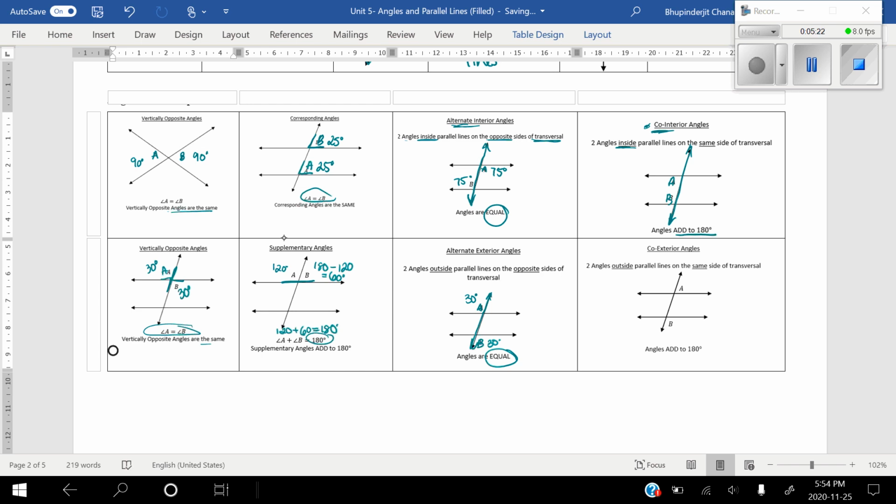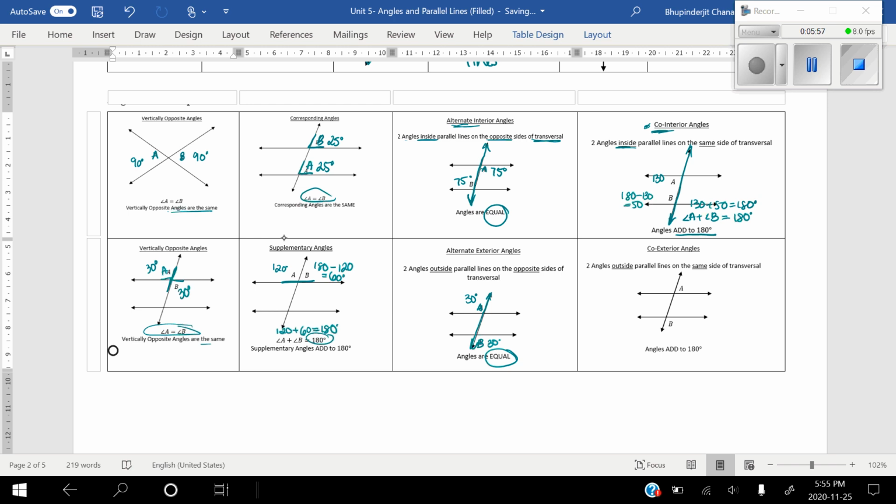So let's say my A angle was 130. To find my B, I would take 180 and subtract 130, which would give me 50. So if I add angle A plus angle B together, I should get 180. Let's double check this. I take my 130, add 50, and I end up with 180.